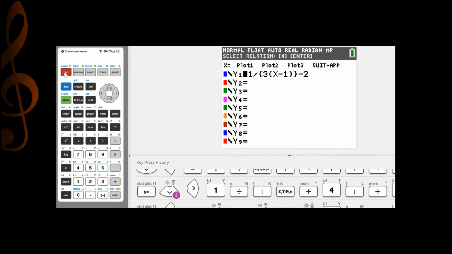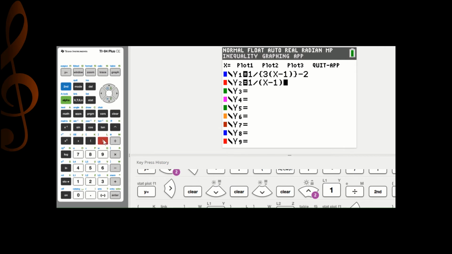Now, just for fun, and while we're here, I'm going to do this and see what happens. What if I just ignored the distributing to 3 and just went in here with parentheses x minus 1, and then negative 2.